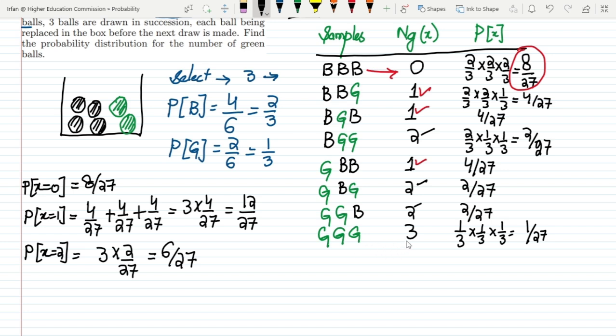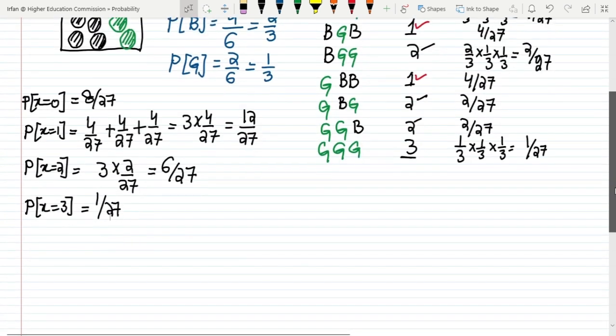And for the last one, the probability that x equal to 3, this is already given, and that is 1 by 27. So that's what we have for the different numbers of green balls.